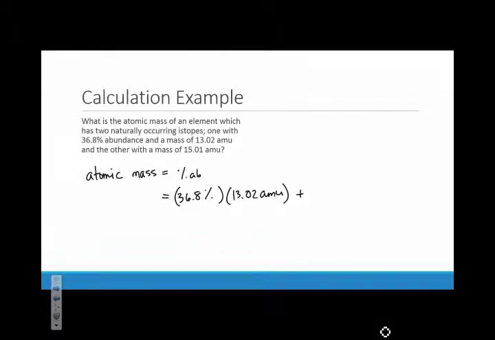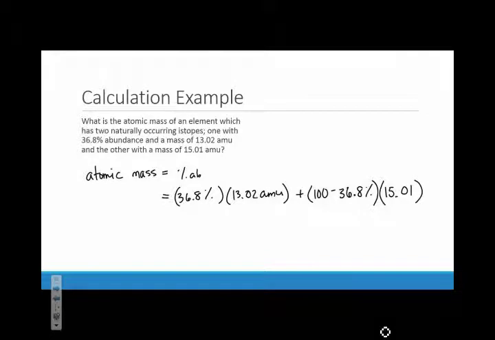But we're sneaky, right? We know that there's only two isotopes present. So if 36.8% of it is this isotope, then the other percent abundance should simply be 100 minus 36.8%. And then I multiply that by the mass of my second isotope.